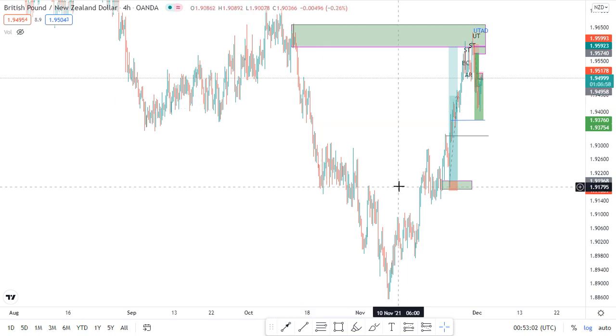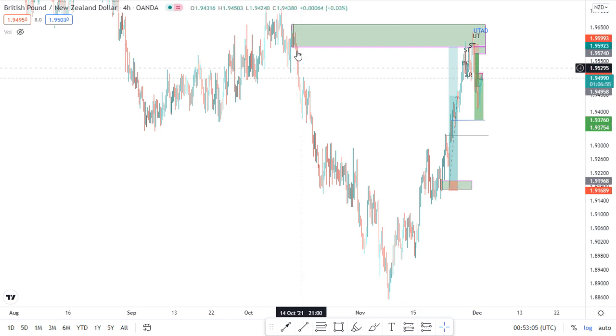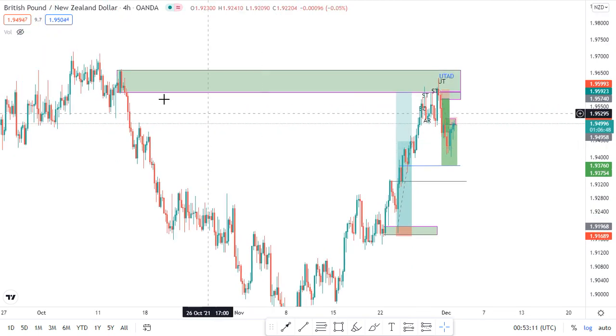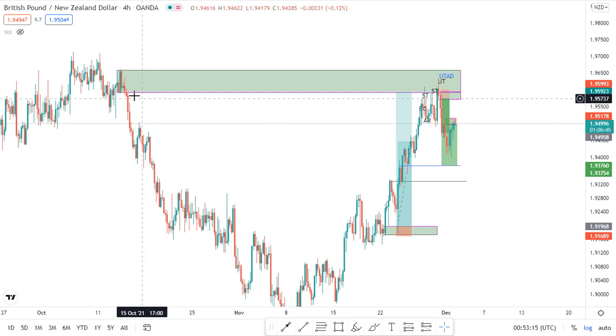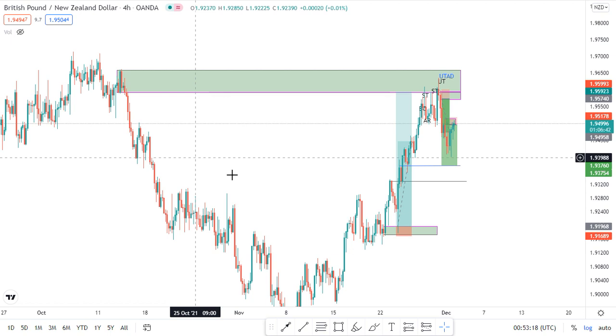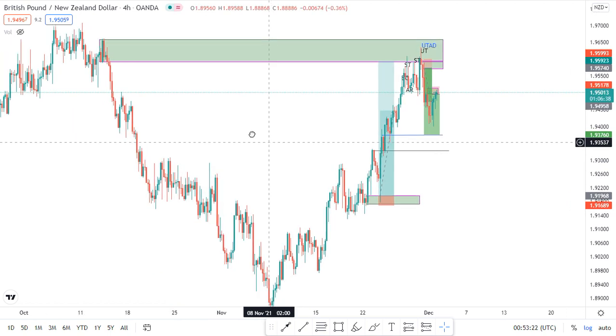So I waited, and when I was analyzing, I found my 4-hour order block here. If you can see, I found my 4-hour order block here. So I waited. So I was trading the short buys.